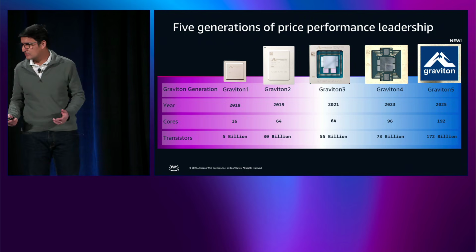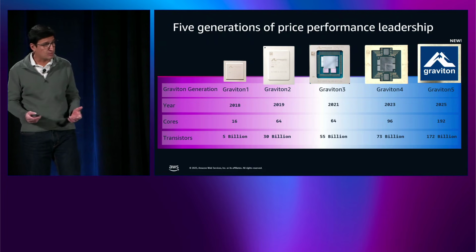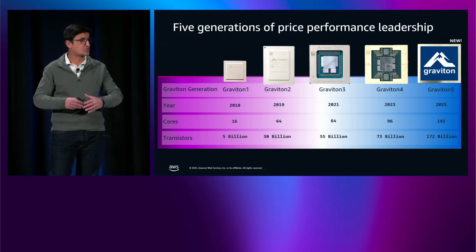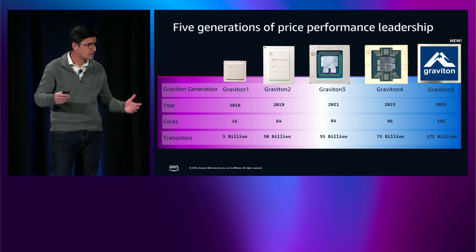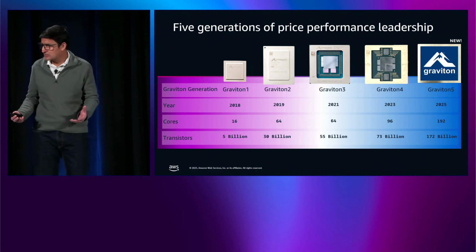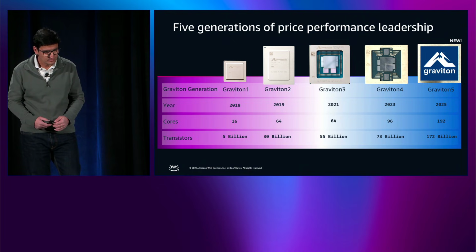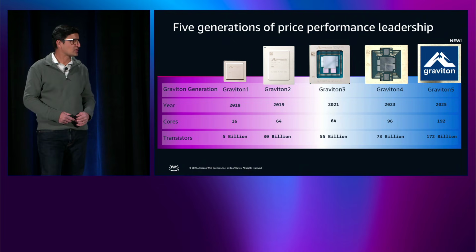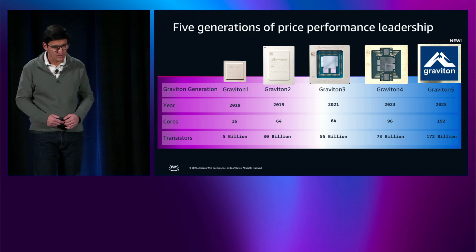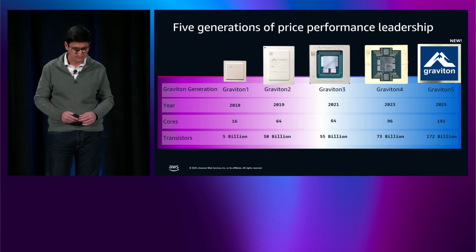In 2023, Graviton 4, which increased performance even more for scale-up workloads. So you could bring your large databases, electronic design automation applications over to the Graviton ecosystem. And now we've launched Graviton 5. We'll dive much deeper into Graviton 5 in a few minutes.